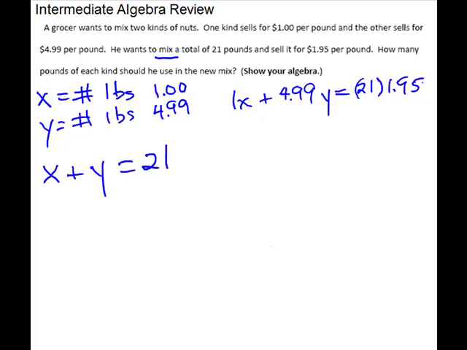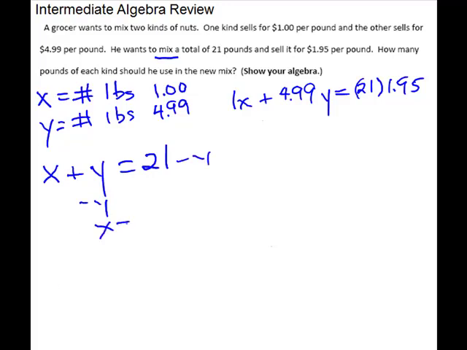For the other equation, let's isolate one variable and then we can substitute in this because it doesn't look like anything nice would cancel if we added them together. So if we isolate the X, just subtract the Y from both sides.